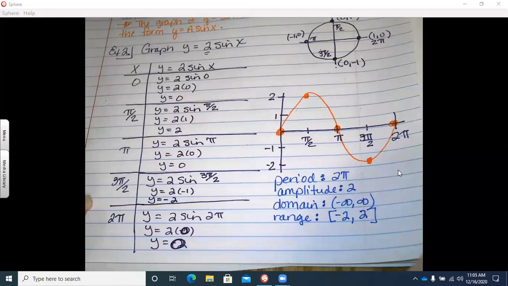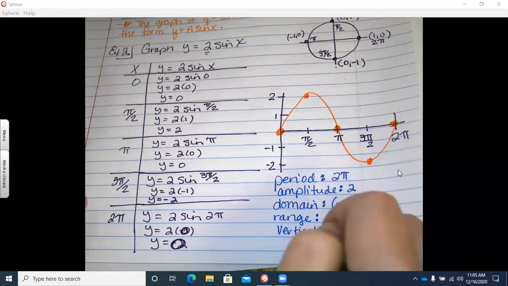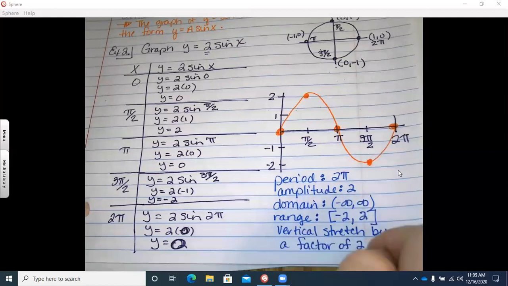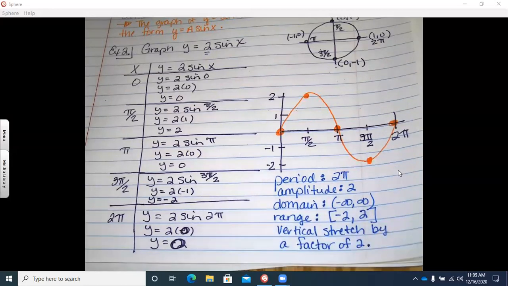Vertical stretch by a factor of 2. Everybody cool?